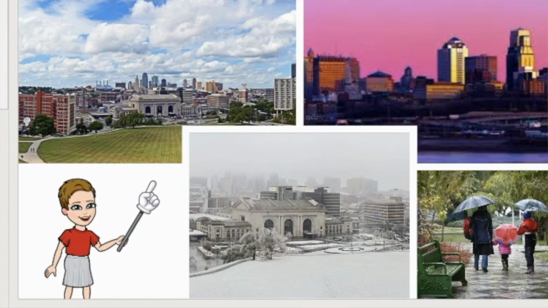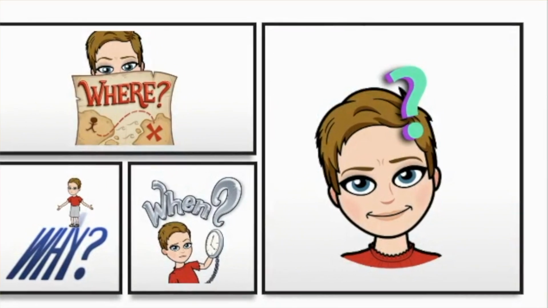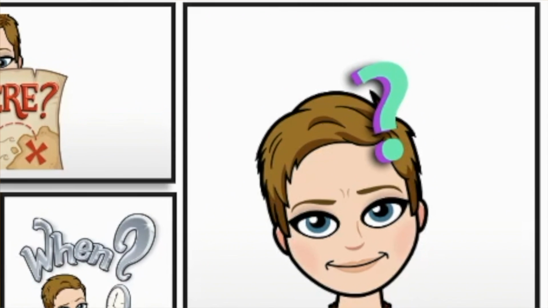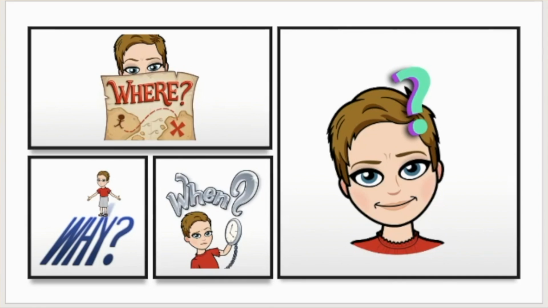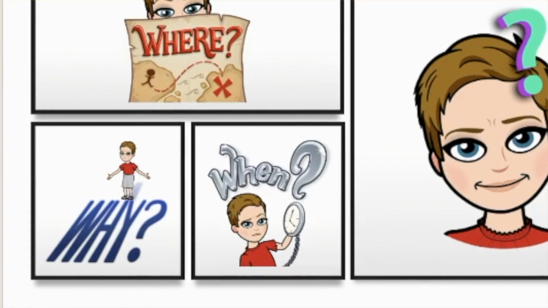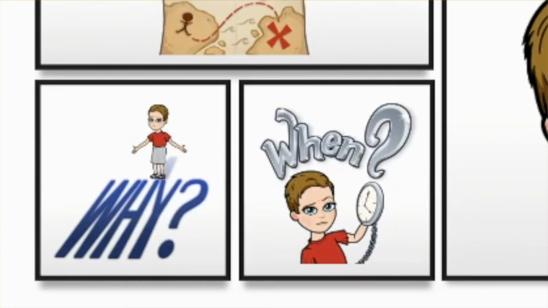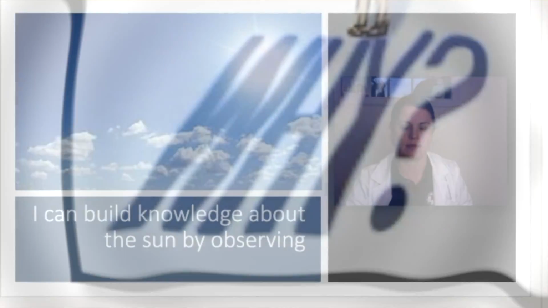Now, I have another question for you. Have you ever noticed that in science class, we ask a lot of questions? That's right. As junior scientists, it is your job to get really good at asking questions to build your knowledge about a topic.